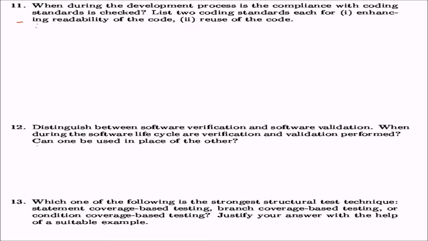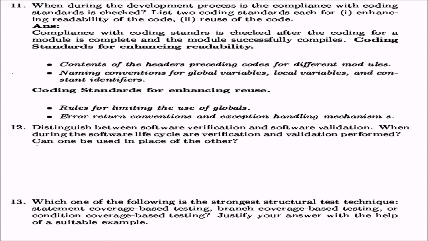When during the development process is compliance with the coding standard checked? List two coding standards each for enhancing readability and reuse of the code. Compliance with coding standards is checked after the coding for a module is complete and the module is successfully compiled.